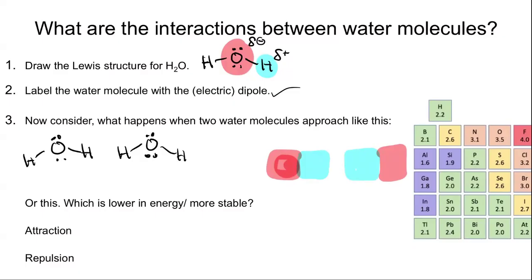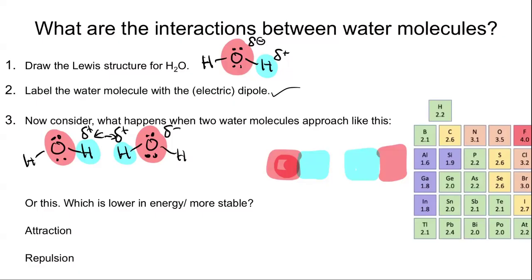Because that bond is polar and it's created that electric dipole, it has polarity associated with it. I have this hydrogen here and that hydrogen here approaching each other, and they're going to repel each other. They're going to want to go the opposite direction because this has a partial plus and that has a partial plus.